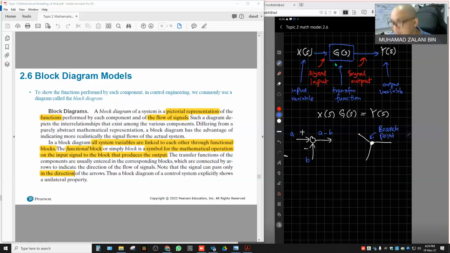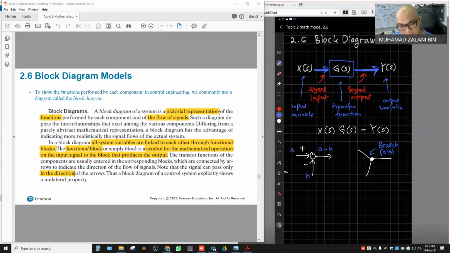So when we draw a block diagram of a control system, it does not only consist of arrows that represent the signal input and the signal output, but we also need to draw branch points and summing points. So we have some components that we should consider when we design a control system using the block diagram.